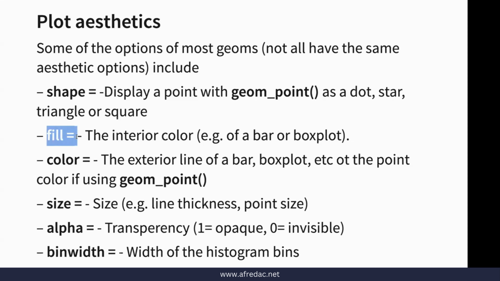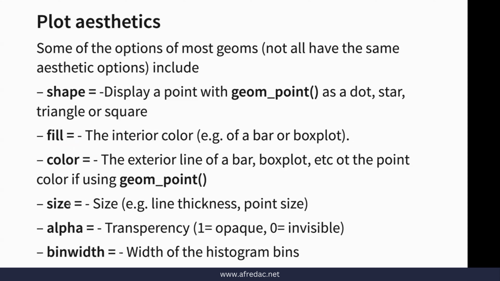Fill equals, now you can define the color, or you can define the particular variable that will define the color of that fill. Then there's the color. Color is used to define the exterior line of a bar chart, a box plot, etc.